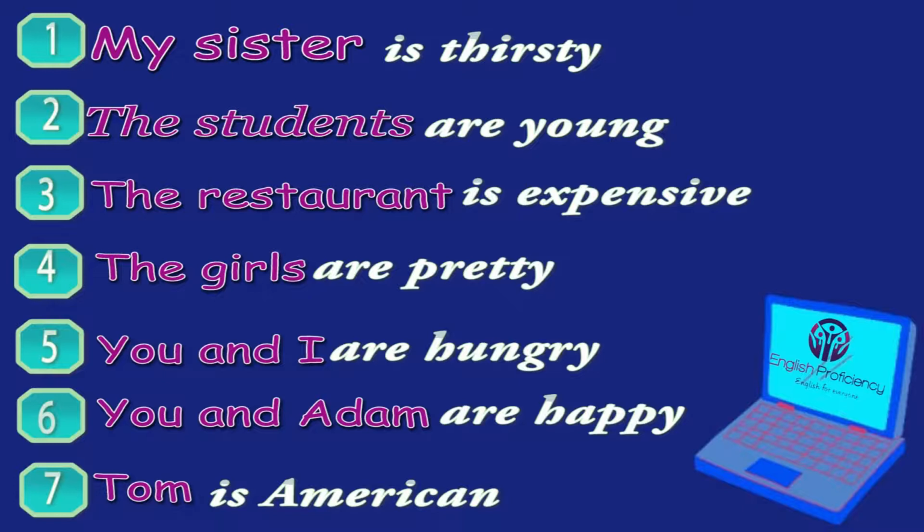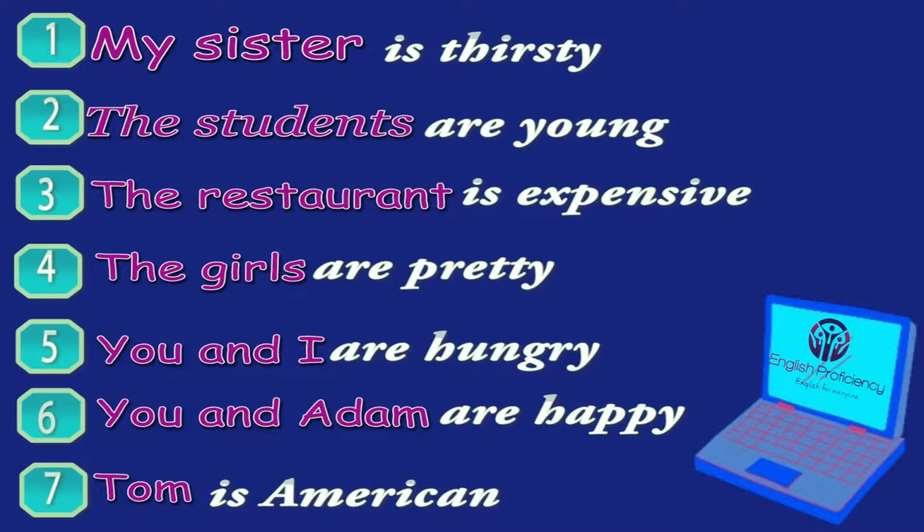Number 4. The girls are pretty. Number 5. You and I are hungry. Number 6. You and Adam are happy. Number 7. Tom is American. You can pause the video to do the exercise.